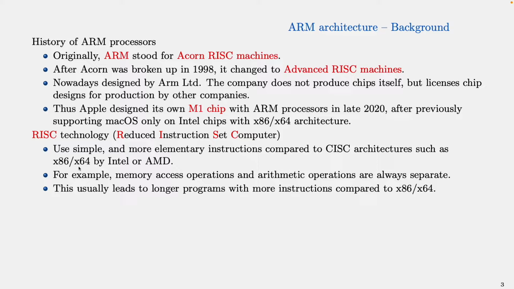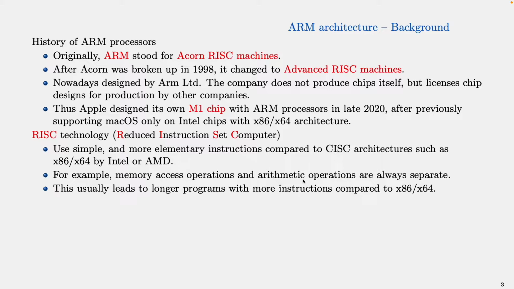Simple and more elementary here means that the instructions that these processors perform usually do only one thing at a time. So, for example, if we want to manipulate data in memory, we first have to load this memory with one instruction into a register, then perform the operation on it, an arithmetic operation, for example, and then write it back into memory.